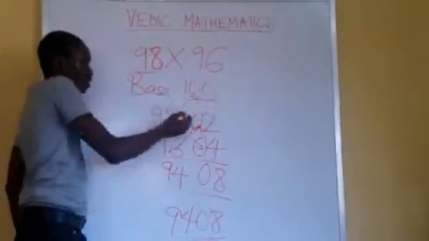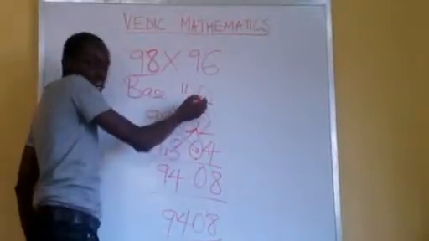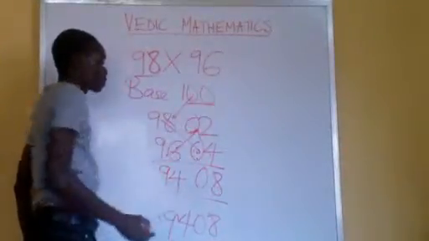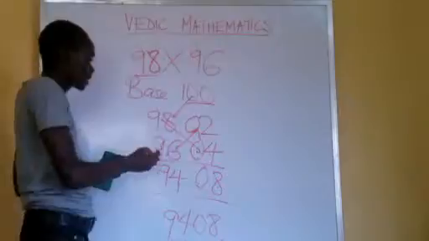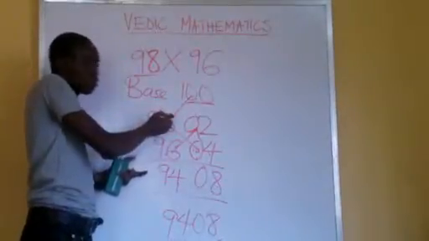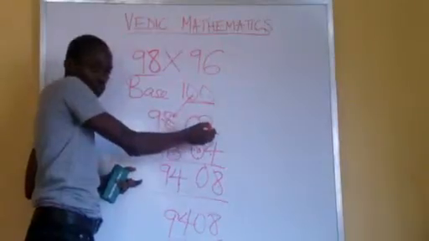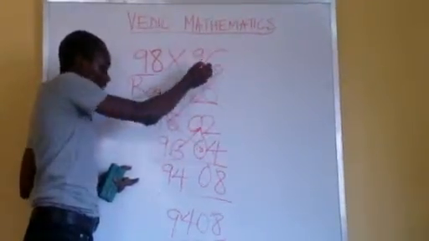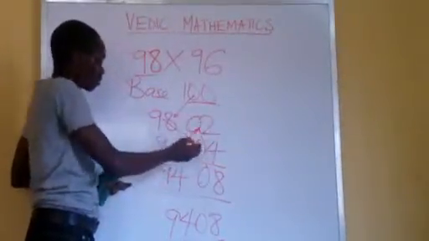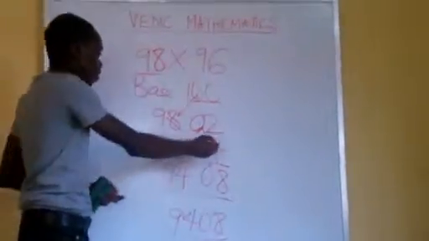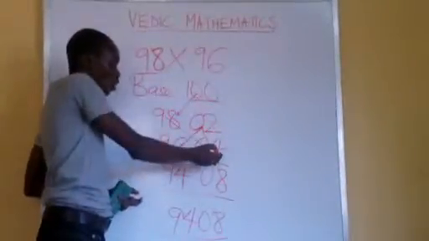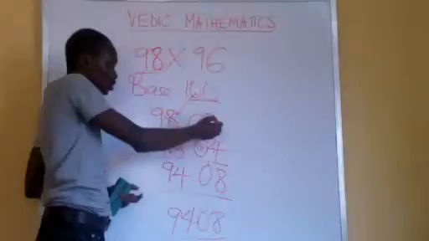Base 100 has 2 zeros. Now the next step, you subtract both numbers from 100. 100 minus 98 is 2. 100 minus 96 is 4.